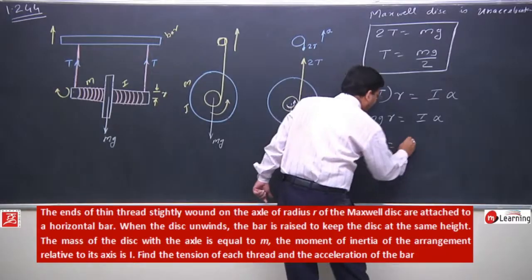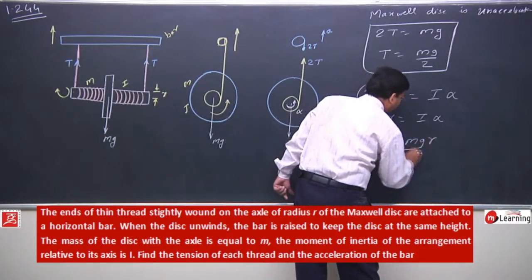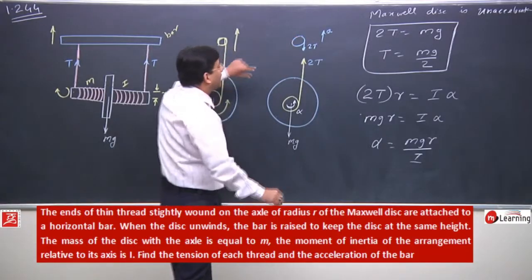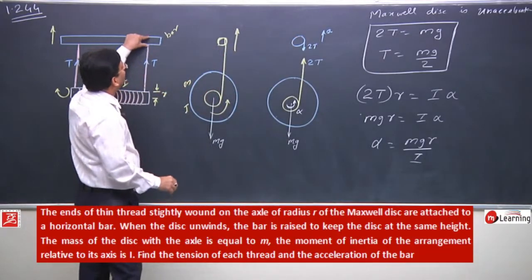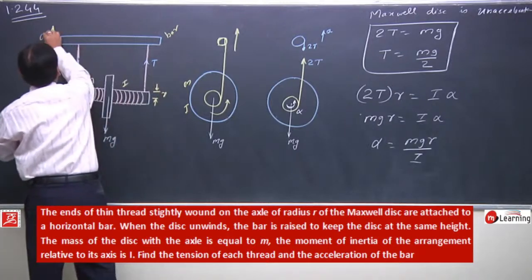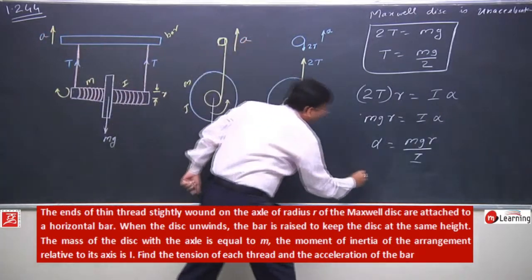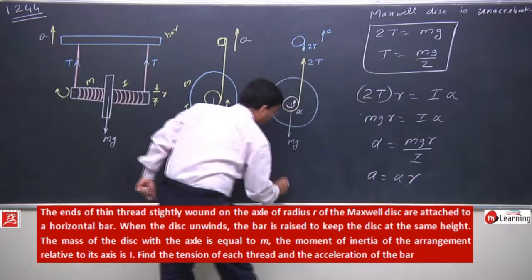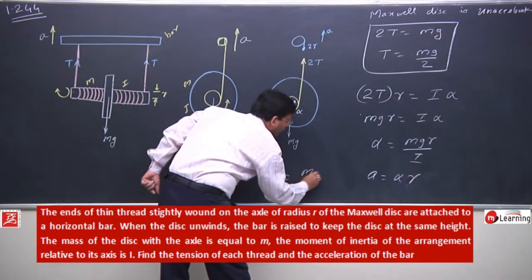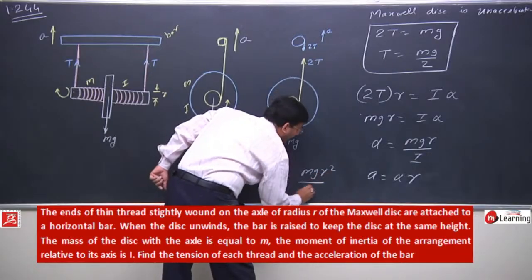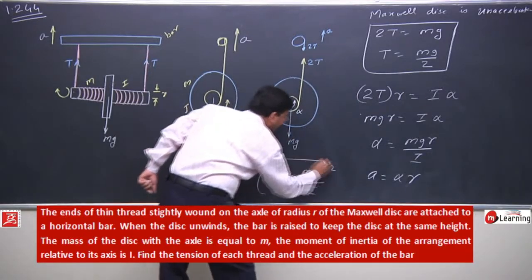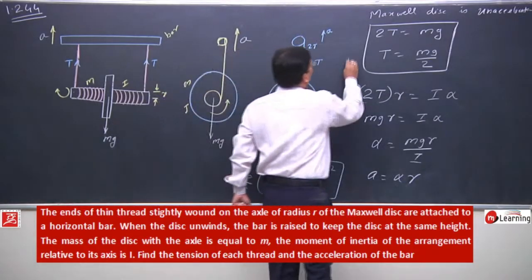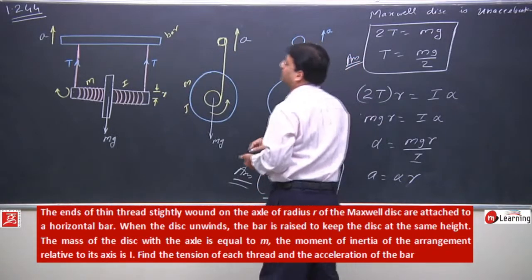So alpha is equal to mgr upon I. And in order to keep the disk stationary, the acceleration of the bar is a, and this acceleration a must be equal to alpha into r. So a must be equal to mgr squared upon I. This is the answer to the second part, and this is the answer to the first part.